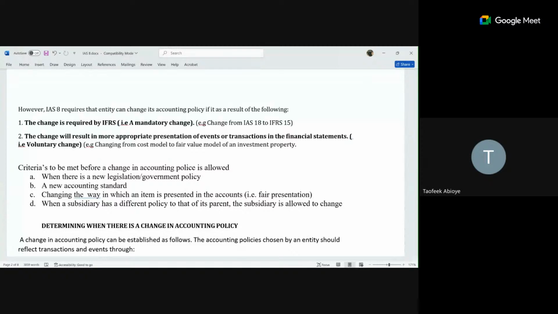A new accounting standard, for example IFRS 18 replacing IAS 1. Changing the way in which an item is presented in the accounts, for fair presentation, just to ensure there is transparency. And when a subsidiary has a different policy to that of a parent, the subsidiary is allowed to change. So this is a group accounts scenario. When a parent company is taking over a subsidiary, the subsidiary can decide to adopt the policy of the parent company.